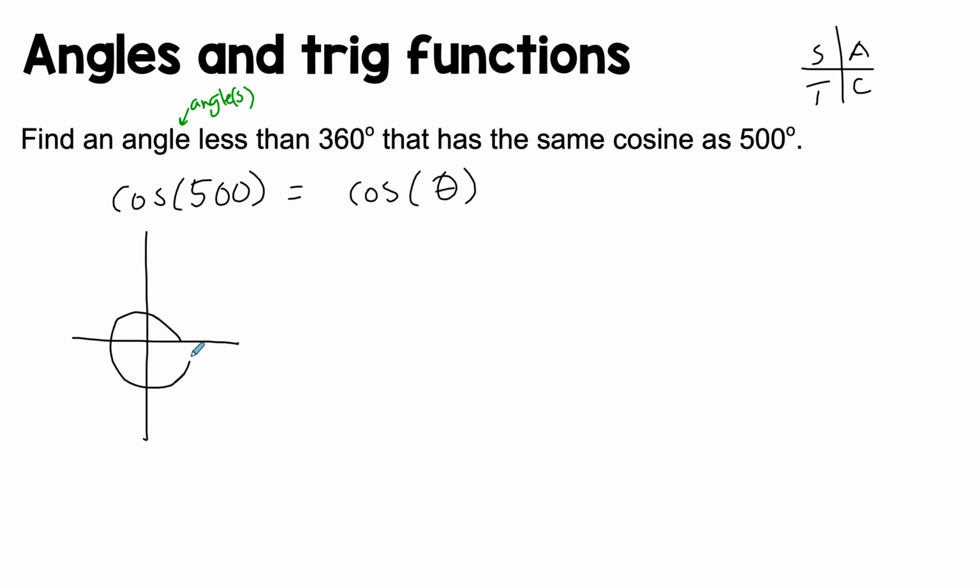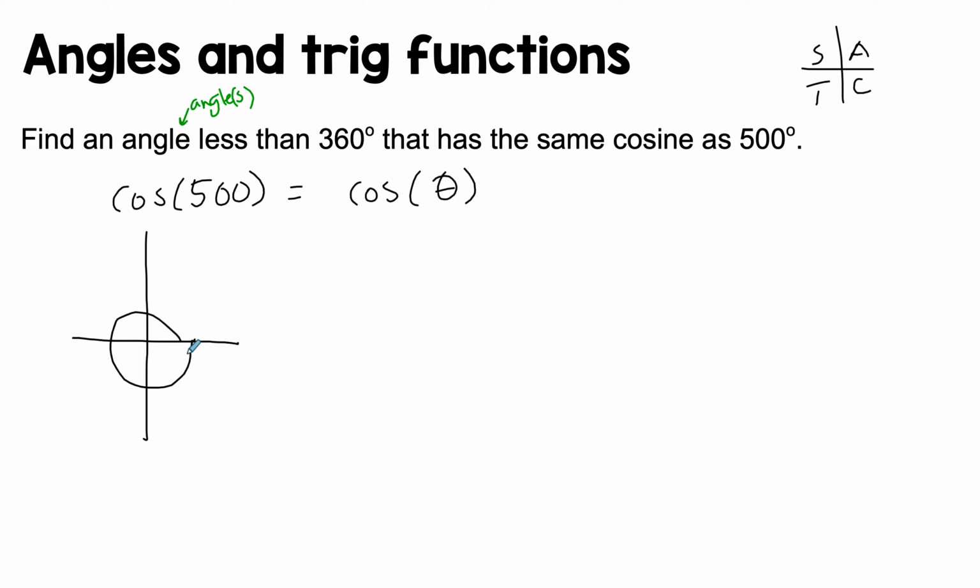goes 360, and then the other rotation is 720. So obviously you're not going to go to full rotations, so it's within 2 rotations. So it's less than 720, obviously.